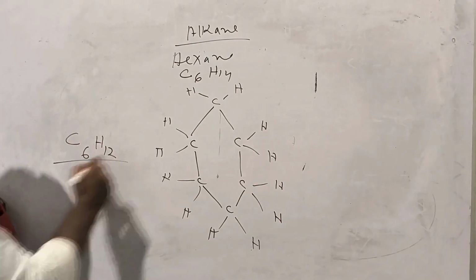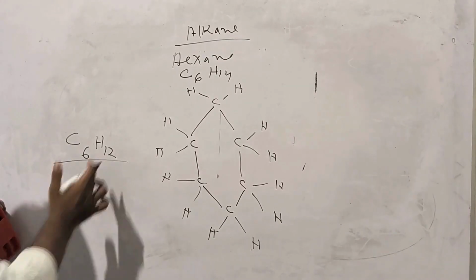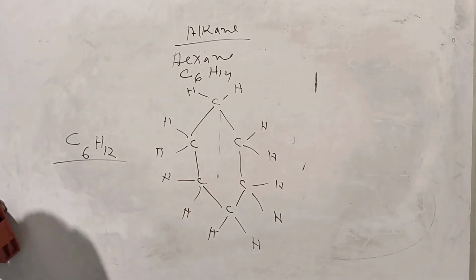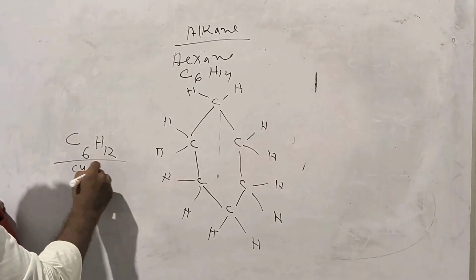Hydrogen is 12. That means 2 hydrogens are less than that of hexane, and this is the formula of cyclohexane.